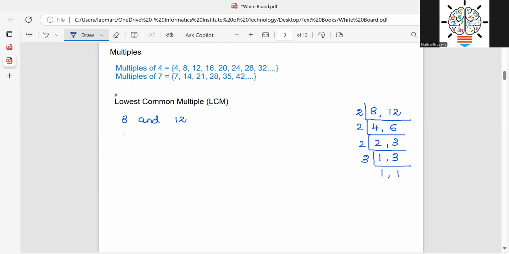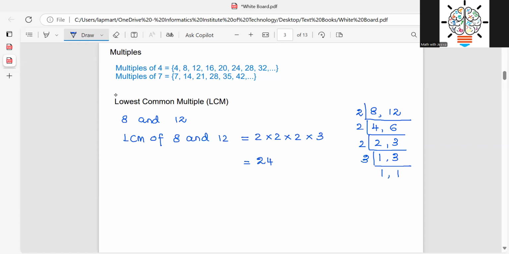So how do you write the LCM of 8 and 12? You get 2 times 2 times 2 times 3. 2 times 2, 4. 4 times 2, 8. 8 times 3, 24.